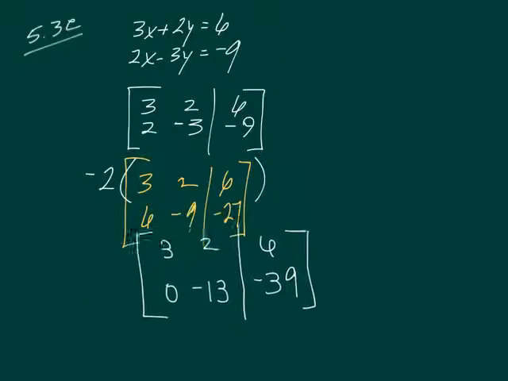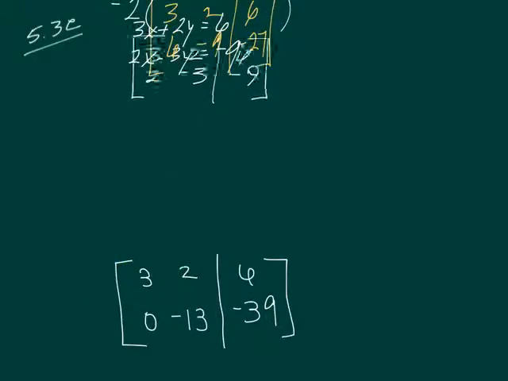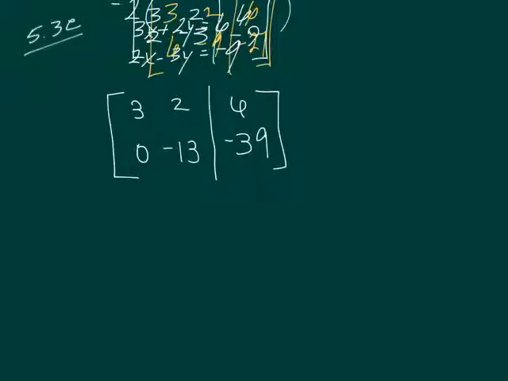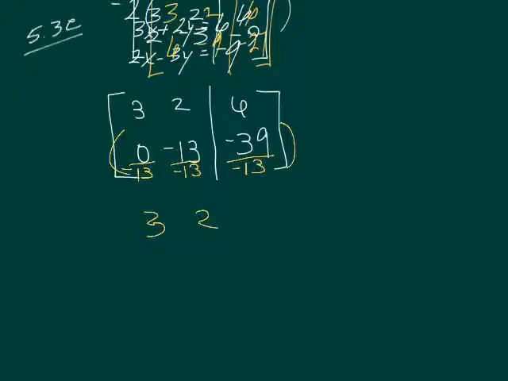So let's see if we can get some of this out of the way. So move that up there. Okay, so we're going to divide this row here by -13, -13, and -13. So my top row is going to stay the same.